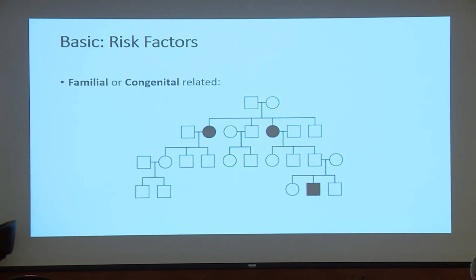Some cases can be familial and congenital, where gene mutations are inherited and make those people predisposed to develop MDS, although it's not necessarily the case that they will develop MDS in the future.